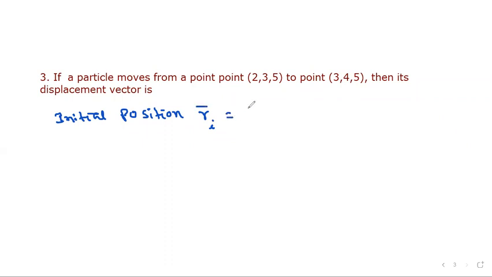What is the initial point given? 2, 3, 5 only. So you can write 2 i cap plus 3 j cap plus 5 k cap. And what about the final position?